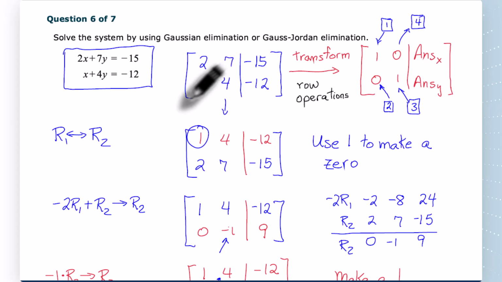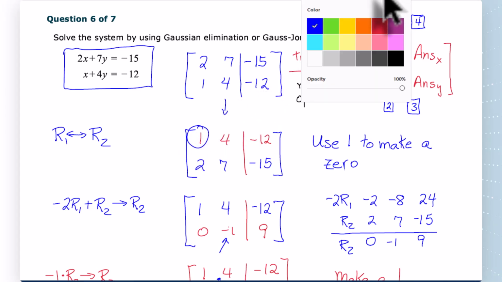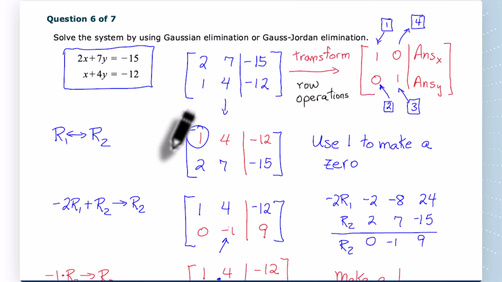So I'm just going to swap out row 1 and 2. Okay, so just swap them. Now, I would like to use that 1 there, and I would like to make that under it a 0. How do I do that? Well, seems to me if I take -2 times that 1, I get a -2, and -2 add 2 would be 0.